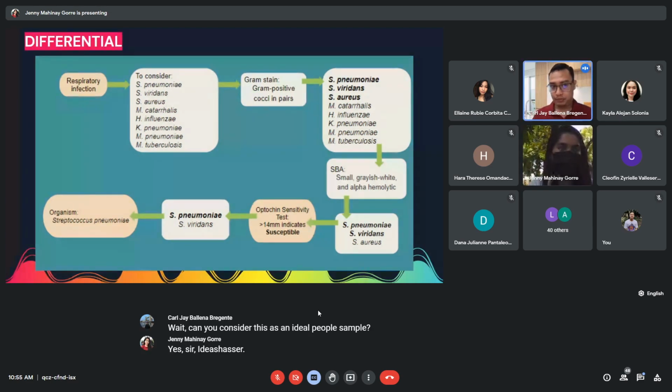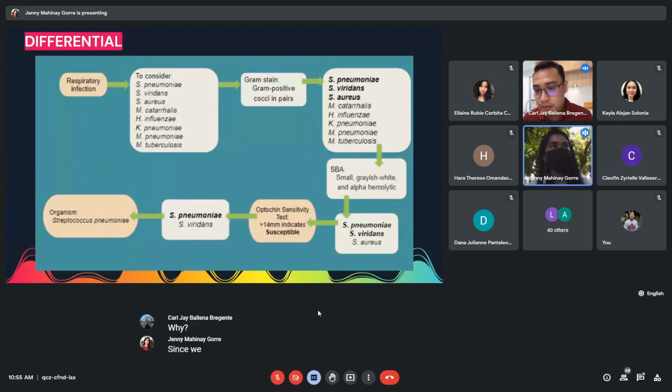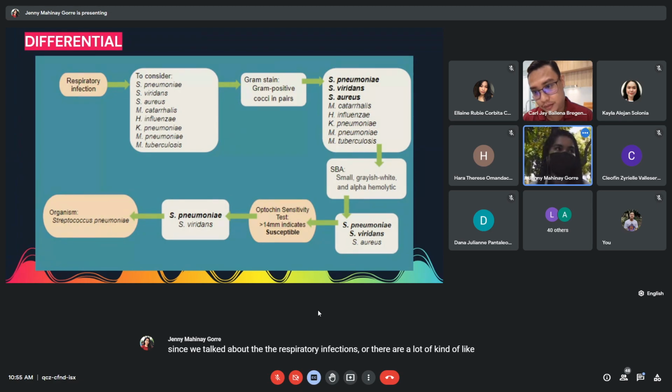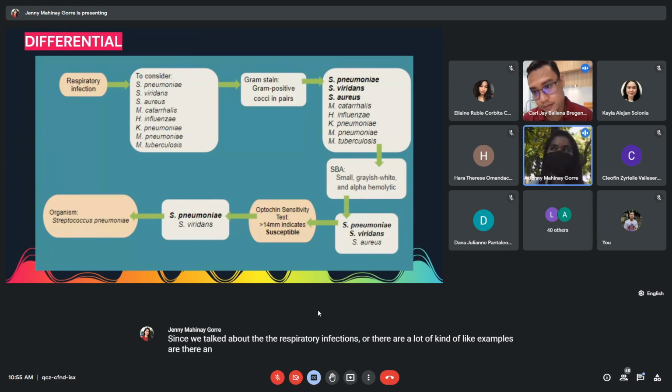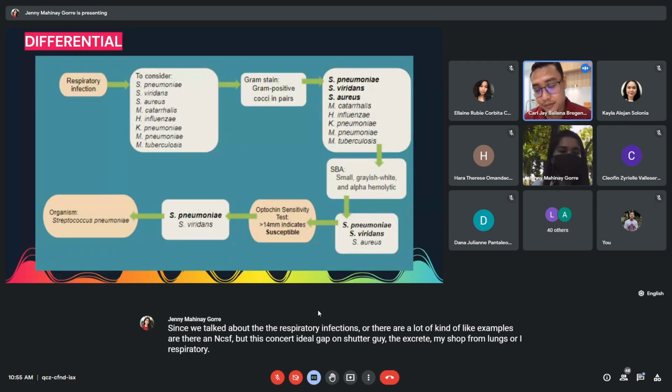Why? Since we are talking about respiratory infection, sir. There are a lot of samples we can get, like CSF, but this one is still ideal, sir, because it is excreted from the lungs, or respiratory. Okay.